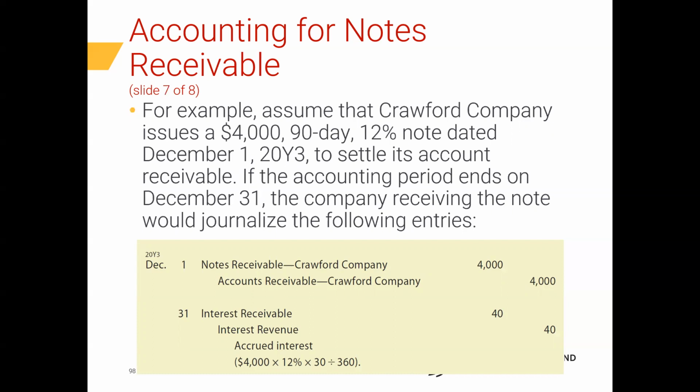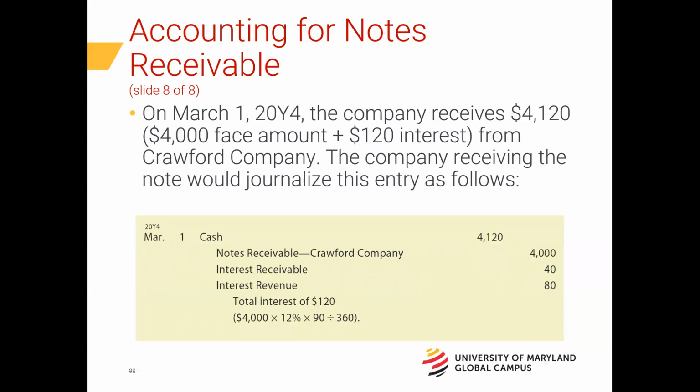So at the end of each 30-day period, it looks like $40. So debit interest receivable $40, credit interest revenue $40 to represent the accrued interest. Over time, since it's 90 days, $40 a month, 90 days represents an additional 80.